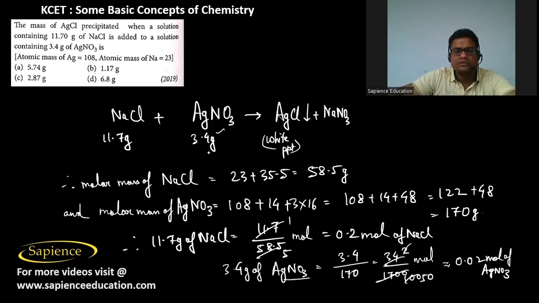Here we have 0.02 mole of AgNO3, that will react with 0.02 mole of NaCl, and we have got 0.2 moles of NaCl. So after reaction, 0.2 minus 0.02 mole of NaCl will remain unreacted.